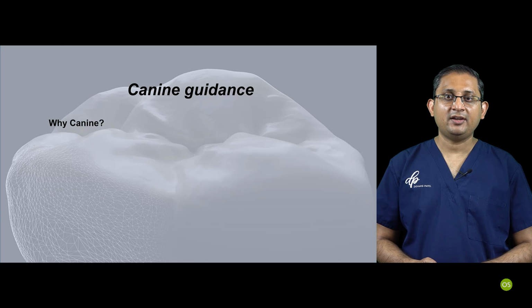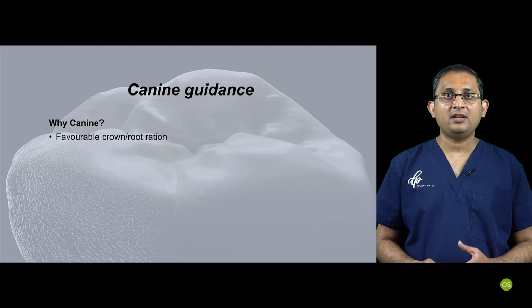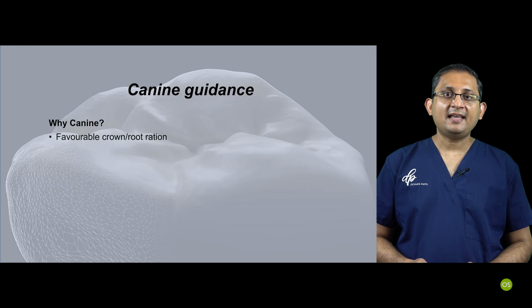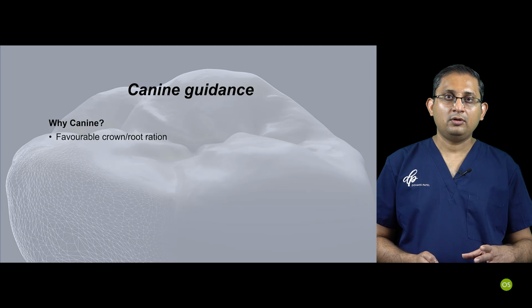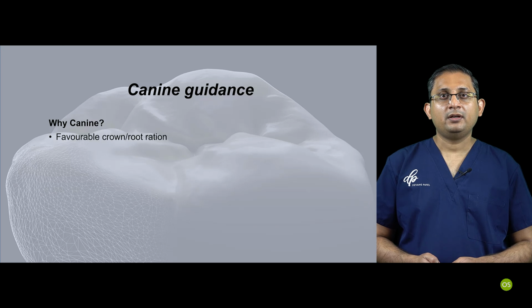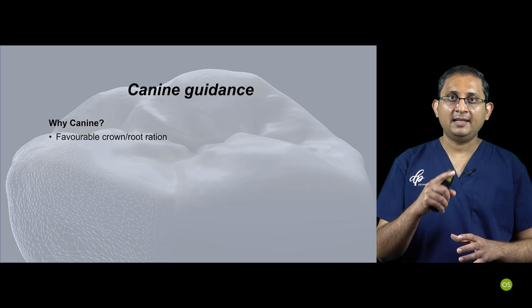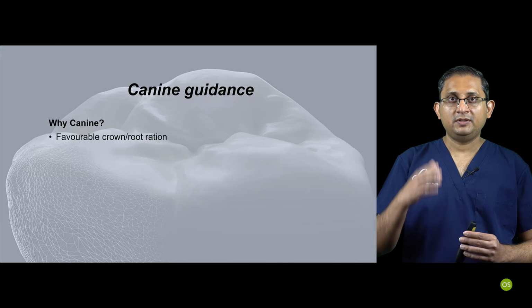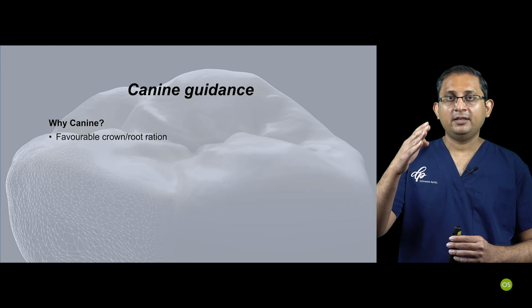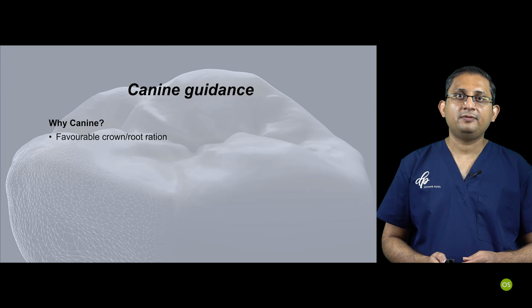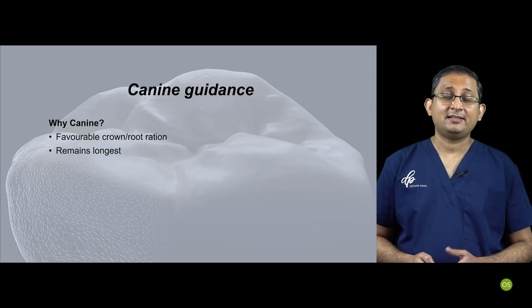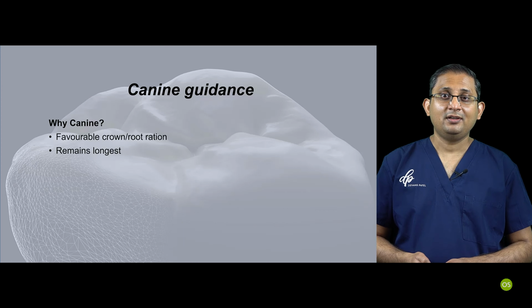But let's have a look at the canine. Why choose the canine? It has a favorable crown root ratio. It's got a longer root and a crown with the bulk of the canine, and its palatal anatomy and shape help in guidance. The canine is one of the longest lasting standing teeth.